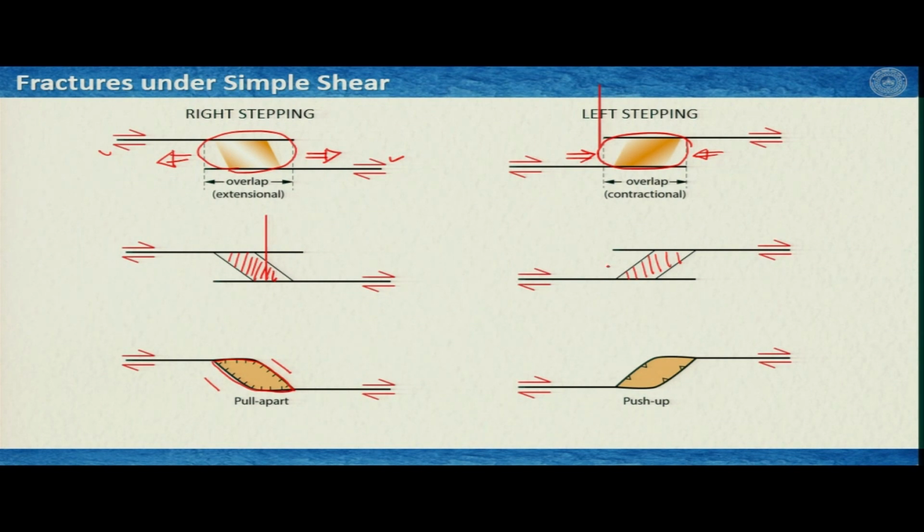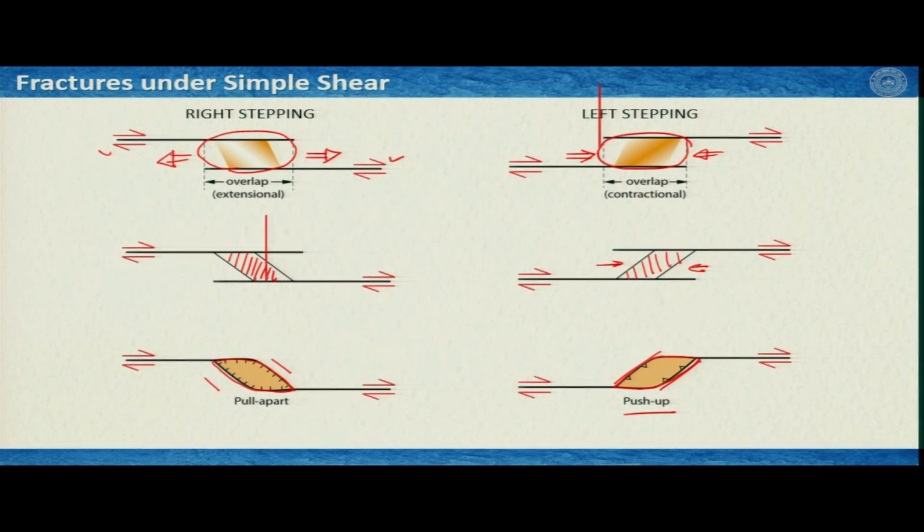Interestingly, on this side, because we are compressing this, this place would get pushed up and therefore it is known as a push up. So, these boundaries would be characterized by reverse or thrust faults, and we will have oblique reverse or thrust faults here.